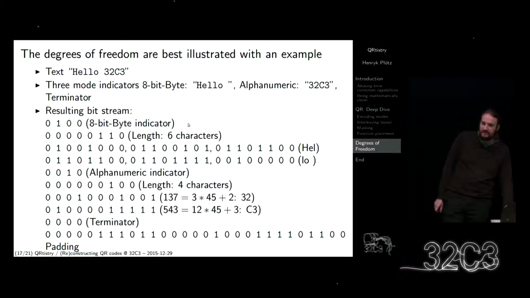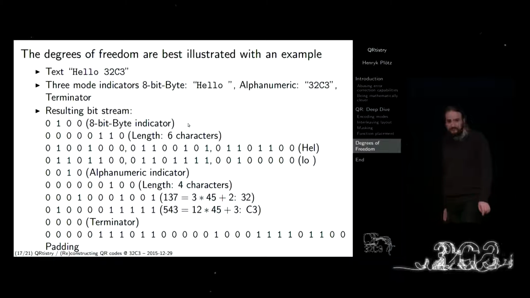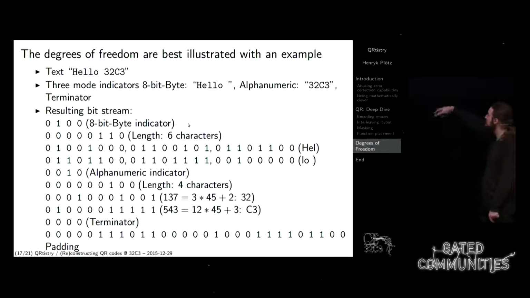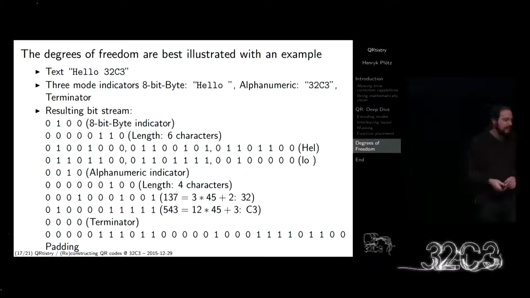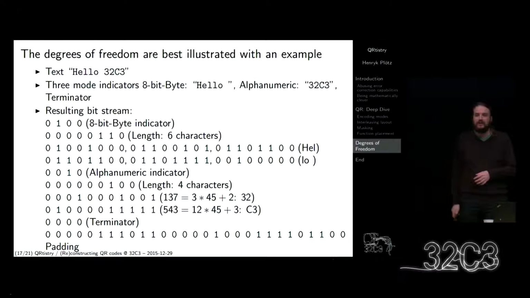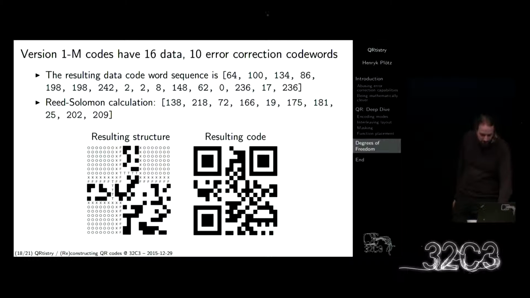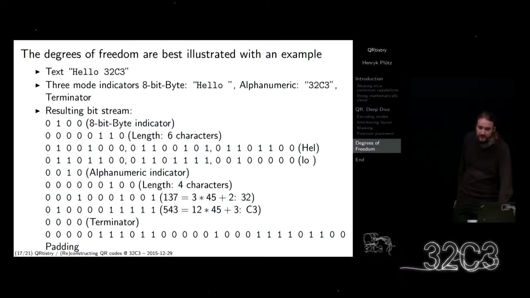This would be the resulting bit stream. You start at the top left and then just use this as a bit stream. Add padding, encode into 8-bit bytes. Most often, if you look at the debug output, it will start with 64. If you look at the previous slide, that's the 8-bit byte indicator.